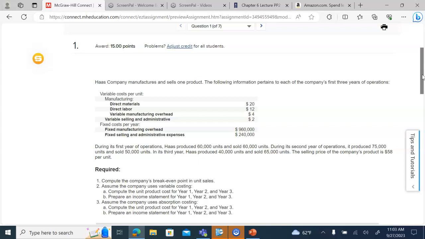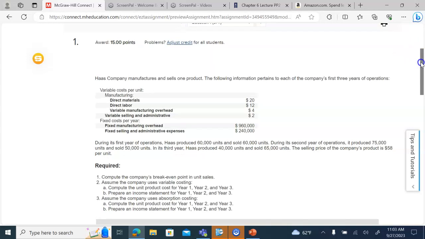$58. We're selling the unit. Our variable costs are the 20 plus the 12 plus the 4, right? 20 plus 12 plus 4 and the variable selling of 2. So here, let's just look down here.